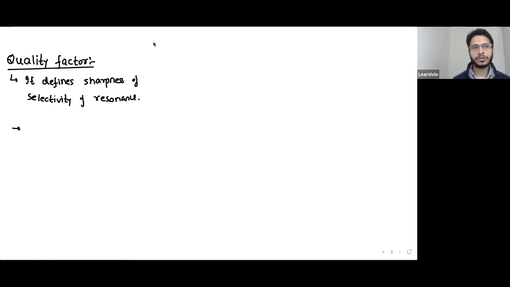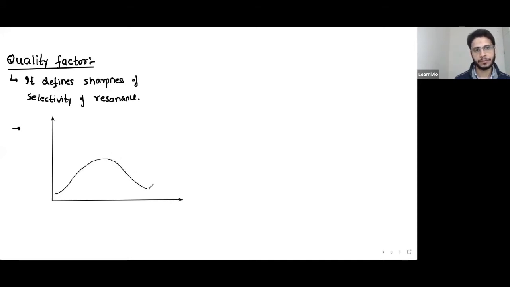So sharpness or selectivity means, if I draw two resonance curves, you're basically measuring the sharpness of the peak. So these are two curves. This is one and this is another.